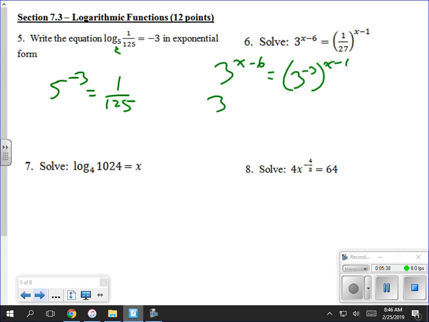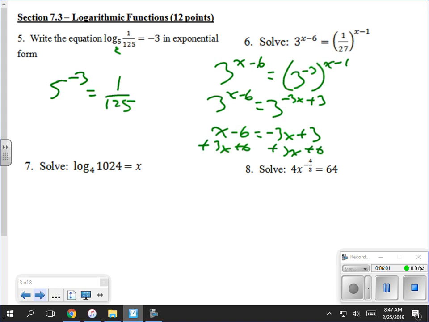Which means I have 3 to the x minus 6 is equal to 3 to the negative 3x plus 3. Bases are the same, so the exponents have to be equal. x minus 6 is equal to negative 3x plus 3. Add 3x, add 6, and I get 4x equals 9. So x equals 9 fourths.